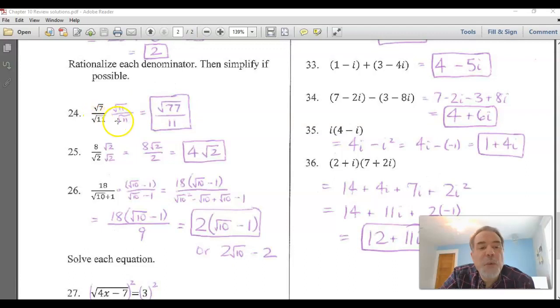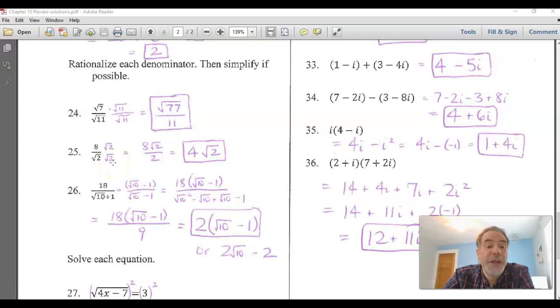On the bottom, we get the square root of 11 squared, which is just 11. So we have rationalized the denominator. The denominator is no longer irrational, it's just 11. Mission accomplished.